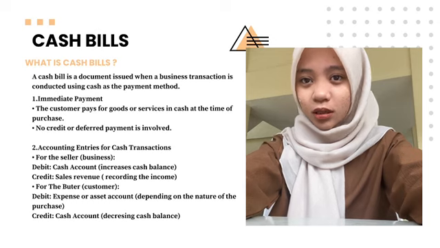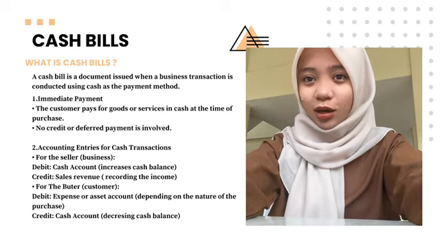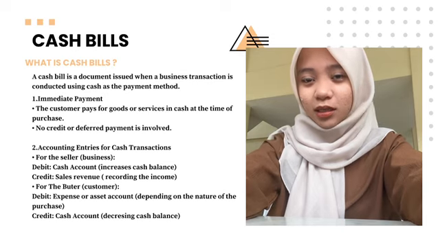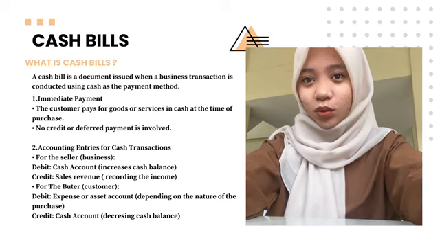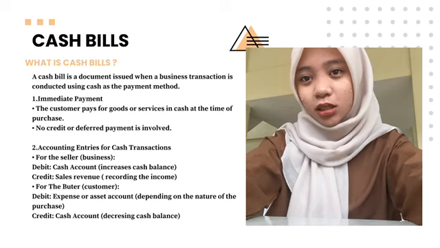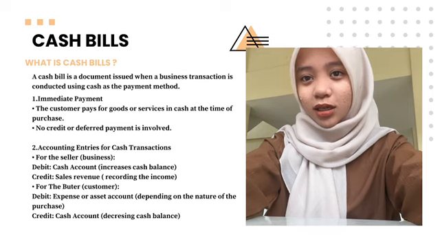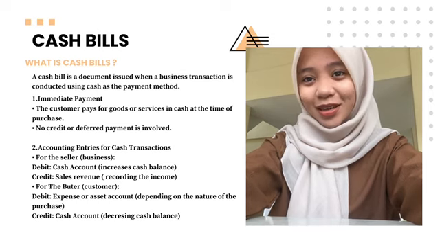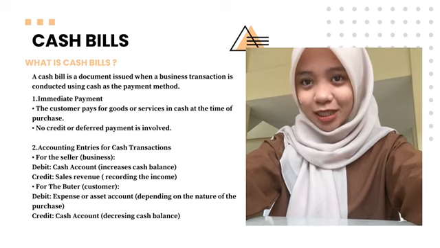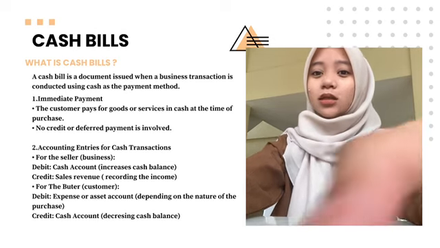For the seller business, debit cash account, increasing the cash balance, and credit sales revenue, recording the income. For the buyer customer, debit expense or asset account, depending on the nature of the purchase, and credit cash account, decreasing the cash balance.